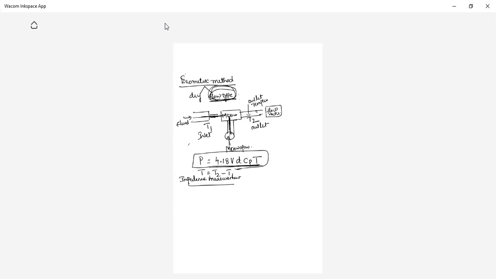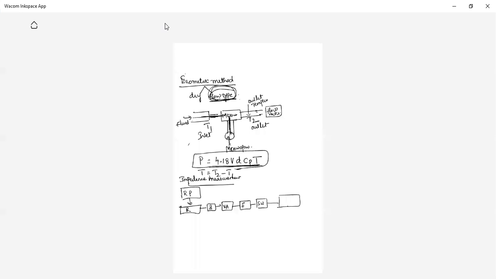For the unknown impedance, we have the figure: reflex klystron power supply, reflex klystron, isolator, variable attenuator, frequency meter, slotted waveguide. Here is some unknown load; we don't know what the load is.